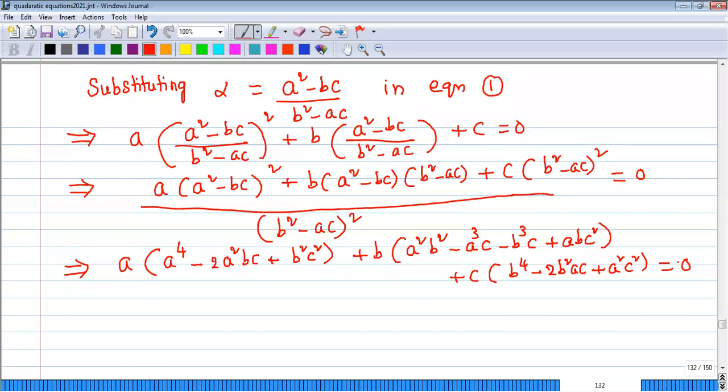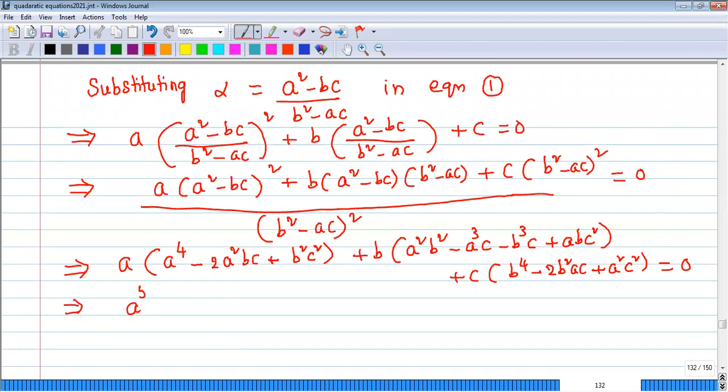Now you need to simplify this one. Okay, then what do you get now? Tell me.